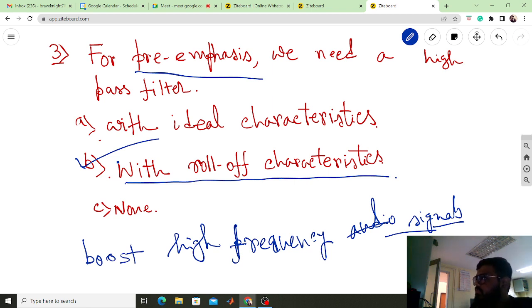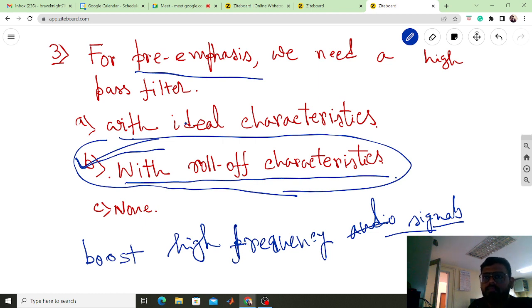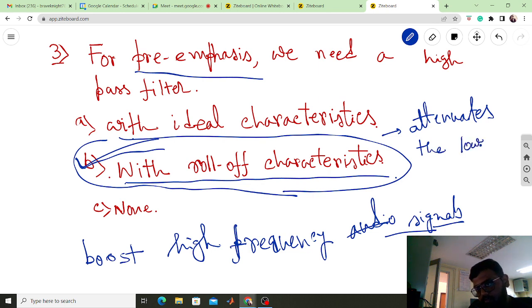So that should be with a particular roll up characteristic. So basically it attenuates the lower frequency components, not clearly removes them. Okay.